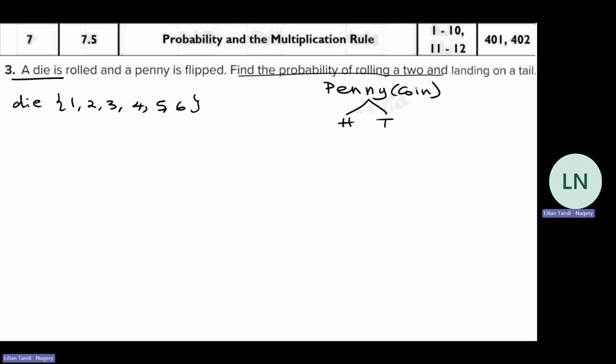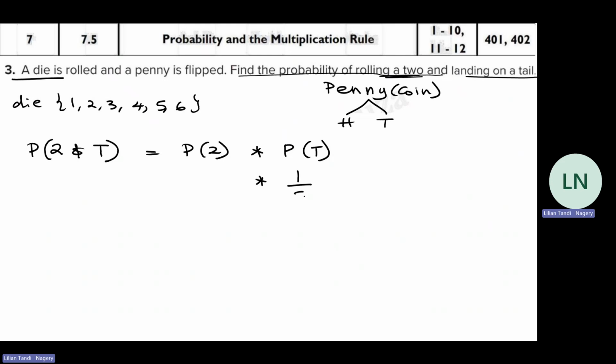Find the probability of rolling a 2 and landing on a tail. Probability of rolling a 2 and landing on a tail is probability of getting a 2 times probability of getting a tail. Probability of getting a tail is 1 out of 2. Probability of getting a 2 is 1 out of 6. This should be 1 out of 12.